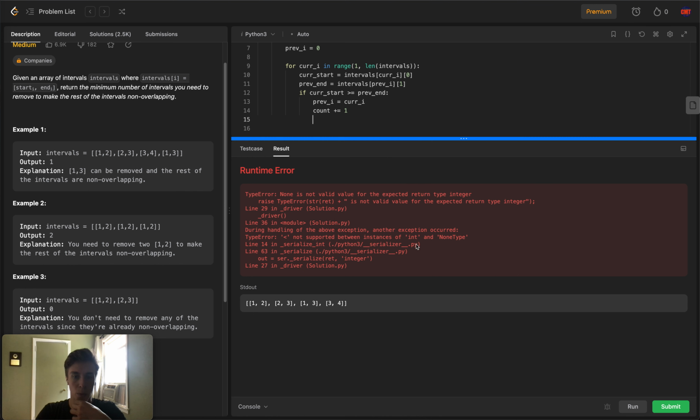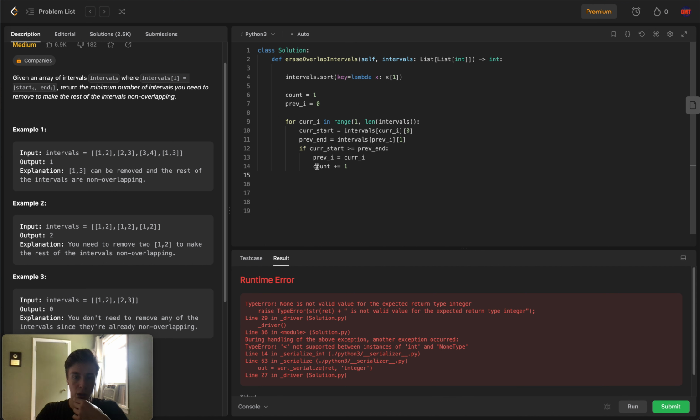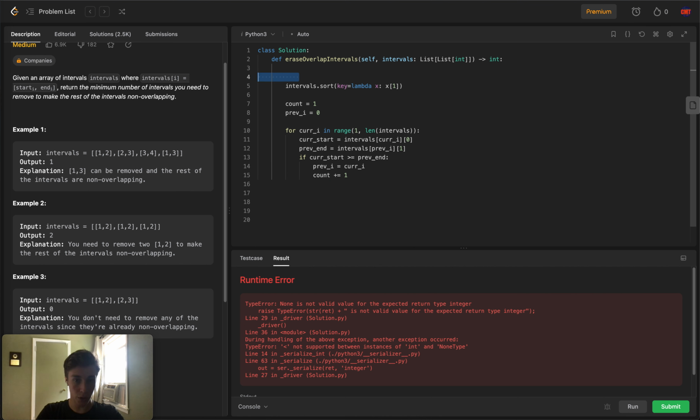And this way we have identified all the intervals that we want to include. And by simple math, the ones that we want to include plus the ones that we don't want to include equals the length of all of the intervals.